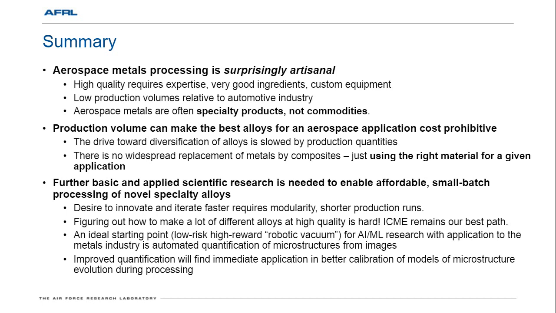We need to advance quantification techniques and improve our ability to get error bars and to obtain stereological results, so infer what the 3D structure is from 2 dimensions. And we need to correlate all of this with chemistry and local changes, all with the purpose of calibrating and including deformation mechanisms into the appropriate scale models so that we can model processes and make it easier to transition new alloys into aerospace applications.